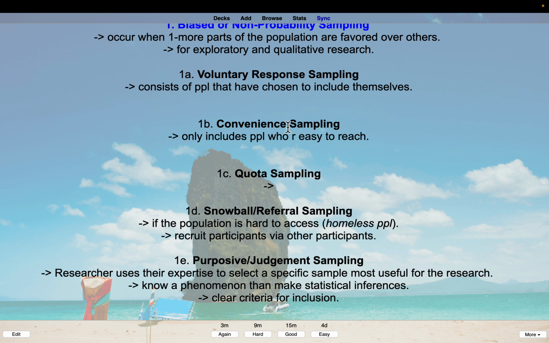So it's biased in that sense because you're only gathering respondents who are easy to reach. So it's not exactly the best kind of sampling in most circumstances because it can propagate inaccurate information.